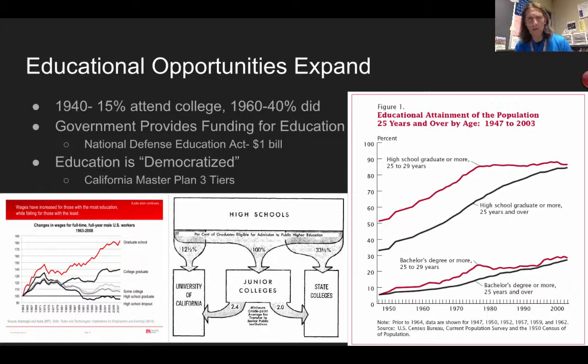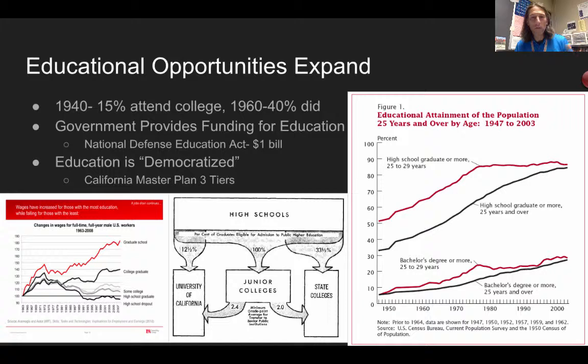And the other thing that you're going to start to see is education is democratized. What that simply means is that you're going to have multiple layers and levels of educational opportunities. So you're going to have your 2-year junior colleges, you're going to have your state-funded colleges, and then you're going to have your universities.